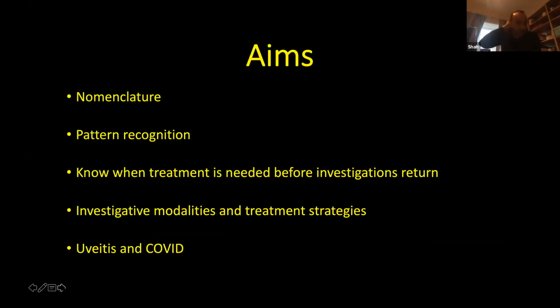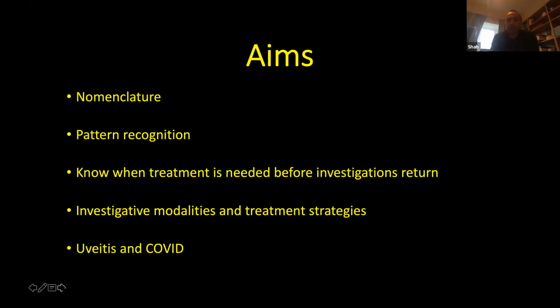So uveitis. The aim of this lecture is to talk about different classification, pattern recognition. That's something I really want to get across today, because understanding inflammation and uveitis is all about recognizing patterns. And once you have a good experience with that, you can arrange your treatment accordingly. Really, the other big question is, when do you need to start treatment?